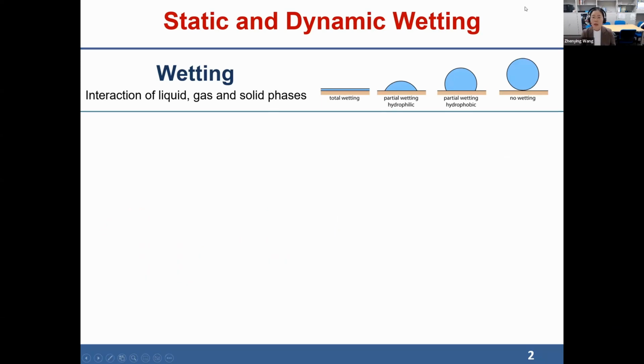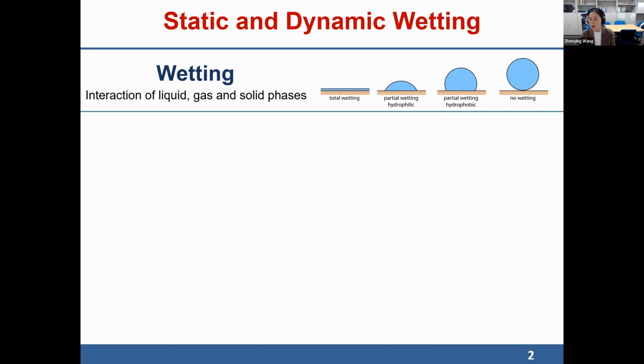Yeah. So actually, when we talk about wetting, usually we will talk about static wetting or dynamic wetting. For static wetting, we usually talk about the state when a droplet meets a solid surface, related to the surface energy of the droplet as well as the solid substrate.